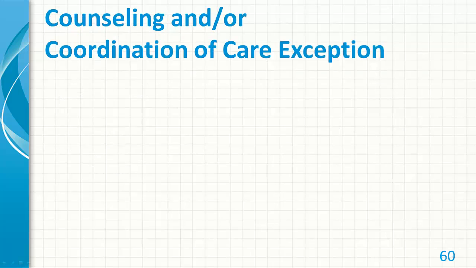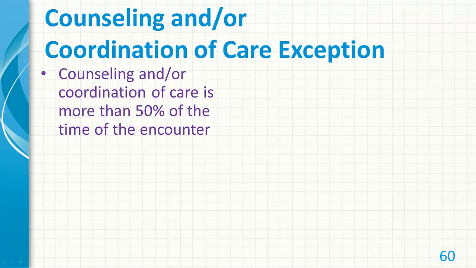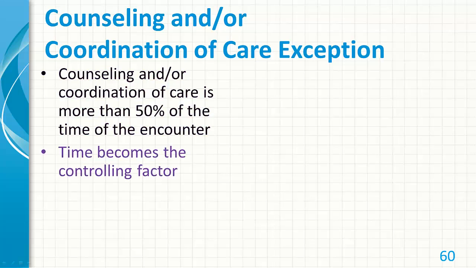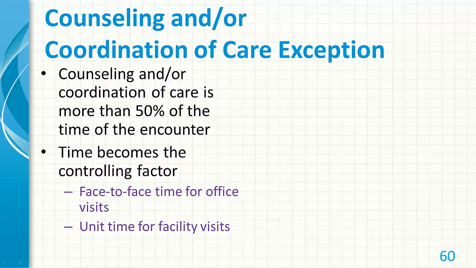Now the exception. When counseling and/or coordination of care is greater than 50% of the time of the visit, time becomes the controlling factor. The code then becomes a time code, with the typical time being the total time required. Total time is measured differently for outpatient visits versus facility visits. The total time for an outpatient visit is the face-to-face time with the patient or a family member.